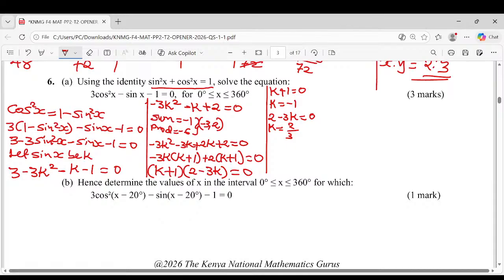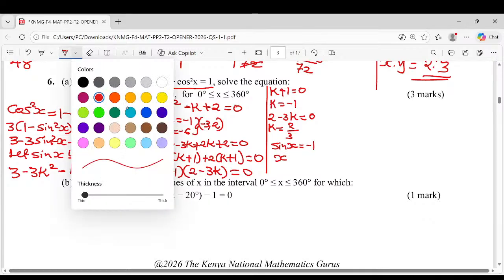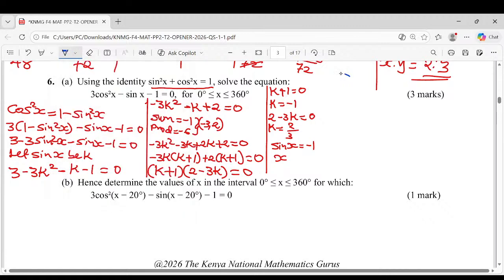Now, upon reaching that particular step, remember what was our k? We had said let our k be sine x. So this will mean that sine x is now equivalent maybe to -1. So what will be the value of x? Let us draw a unit circle at this particular point.